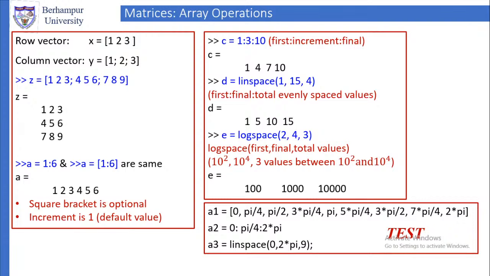Now let us take a test. The test is A1 is given here, A2 is given here, and A3 is given here. Now give me the answers. What will be A1? What will be A2? If I write this line, then press enter, what will be the values for A1? What will be the values for A2?